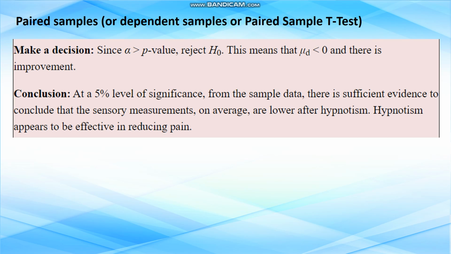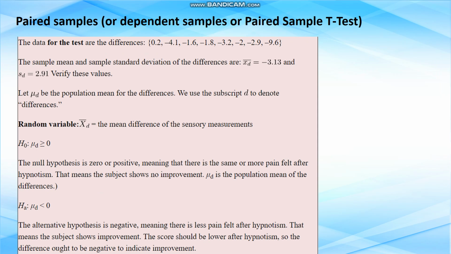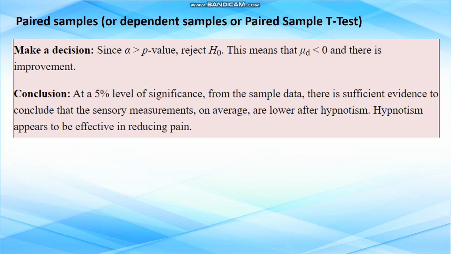But if alpha is less than the p-value, it means you accept the null hypothesis. It is the opposite. You accept the null hypothesis. If you accept the null hypothesis, what does this mean?